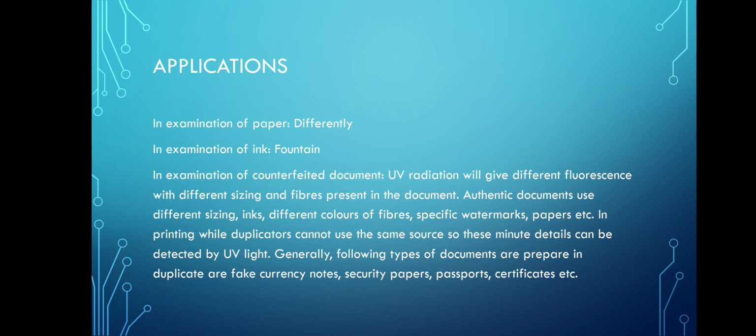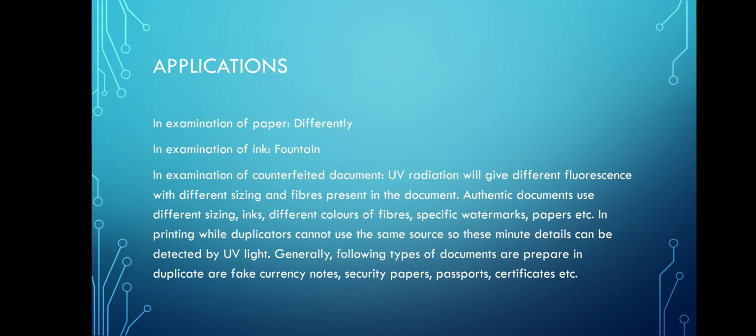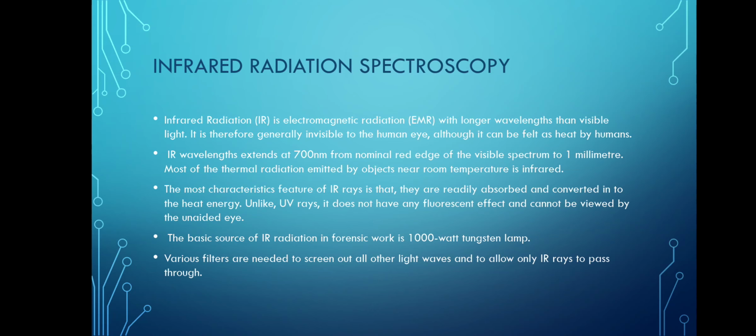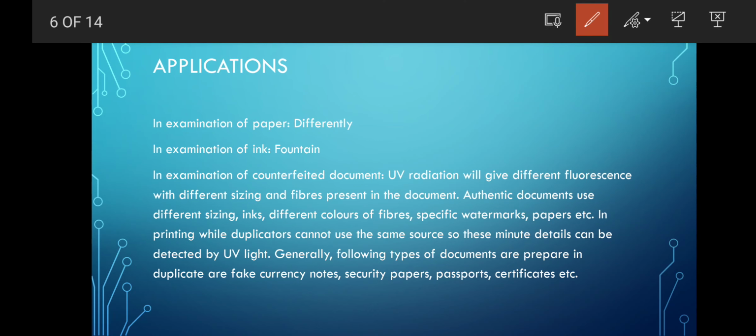Okay, so next application, just now we have seen uses. Then, in the examination of ink and different papers, it is very much used on counterfeit currencies, right? This is a scam going on in many parts of India right now.